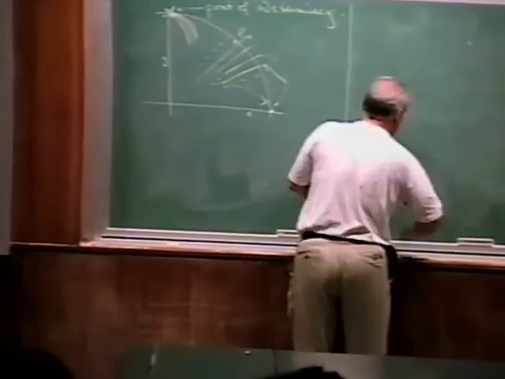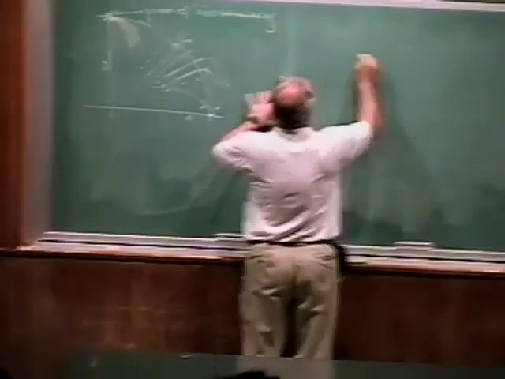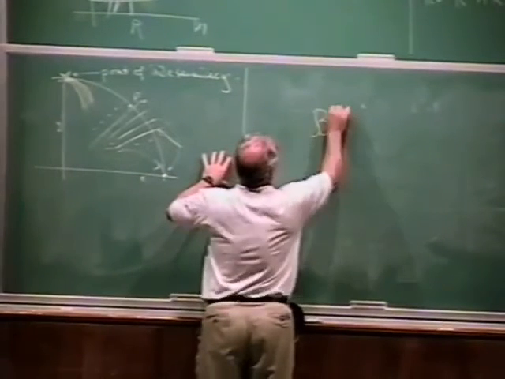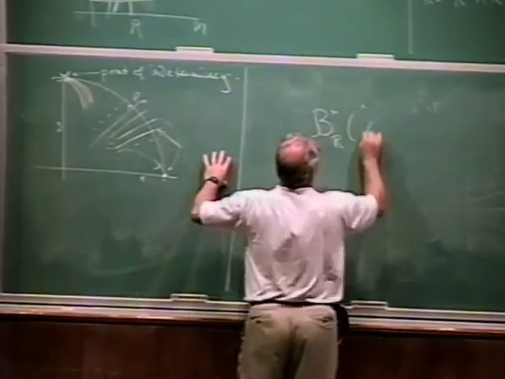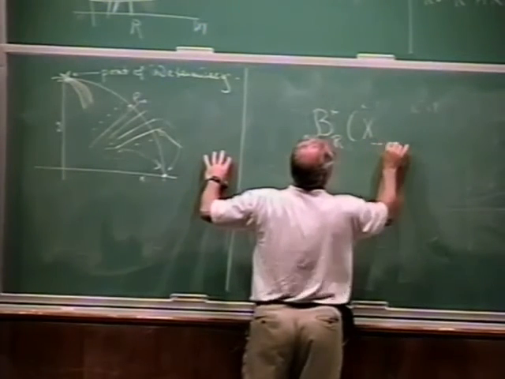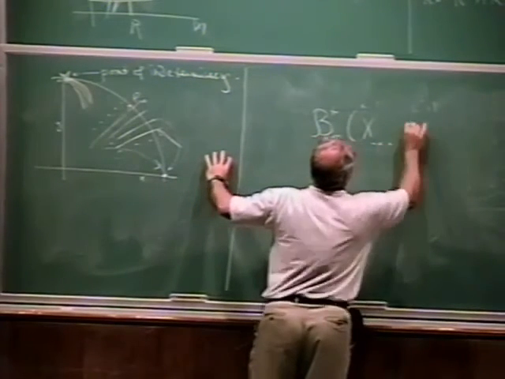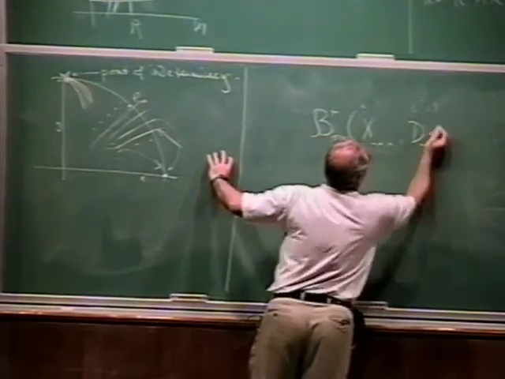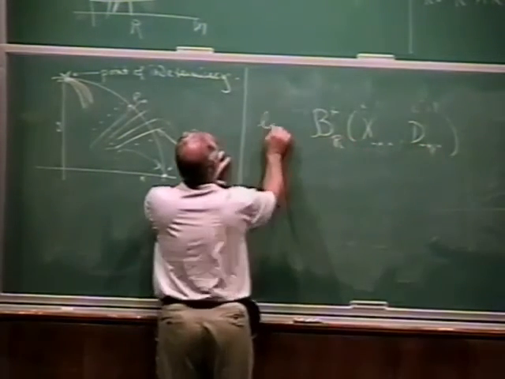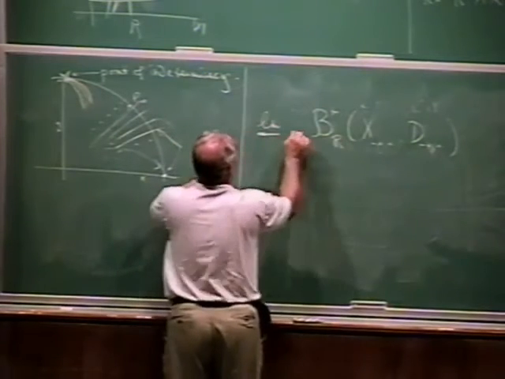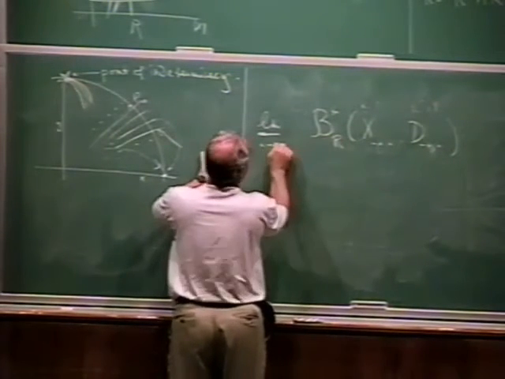So I want to define the oriented real blowup of X minus n to n with respect to the divisor D minus n, the divisor at infinity, and then take the projective limit as n tends to infinity of these things.